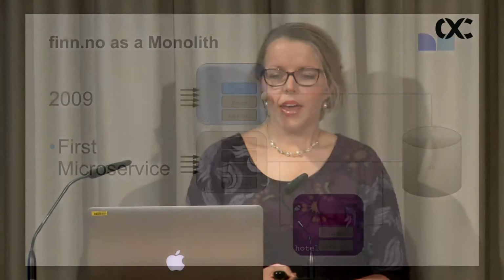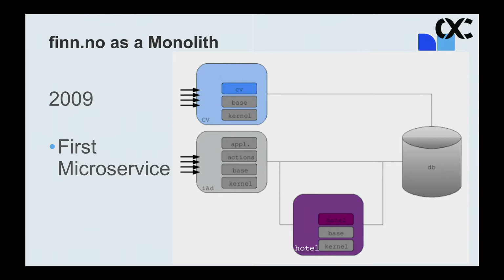I started in 2008, and in 2009, they made a new IT strategy that they wanted to move into microservices. They had tried to pull out two services at that time. That was the hotel one and the CV one. However, they were still sharing a lot of the same code as the IAD, the monolith.